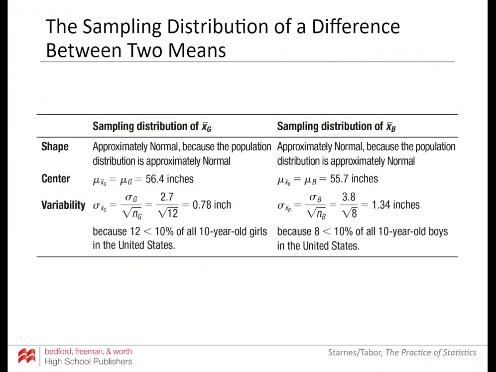You have the standard deviation divided by square root of n. Because both 12 and 8 are less than 10% of all 10-year-old girls and boys respectively in the United States, we are allowed to use that formula. But again, this is not that helpful.